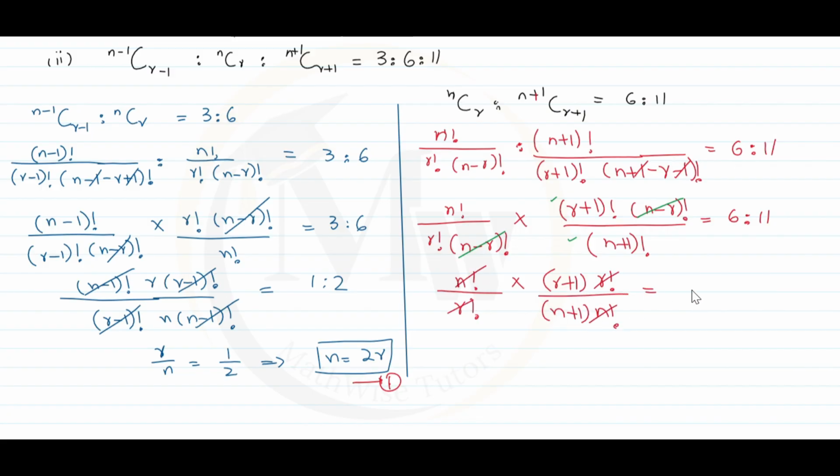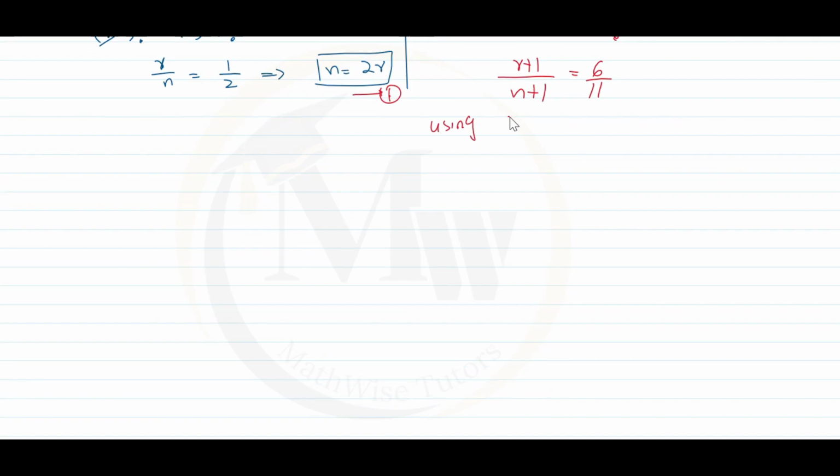Same terms cancel out, 6 ratio 11, which is 6 over 11. So (r+1) over (n+1) equals 6 over 11. By plugging the value of n, which is 2r, using equation number 1, (r+1) over (2r+1) equals 6 over 11.